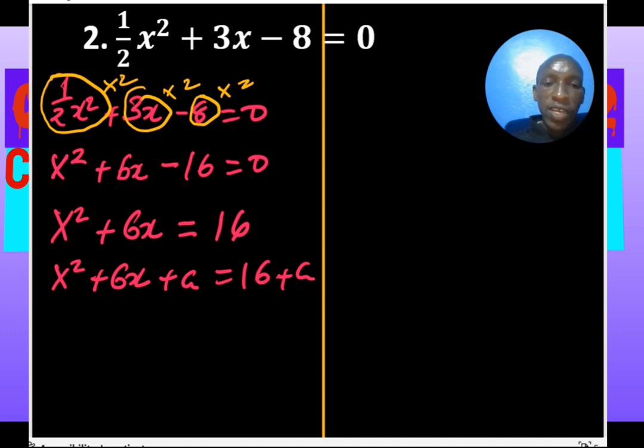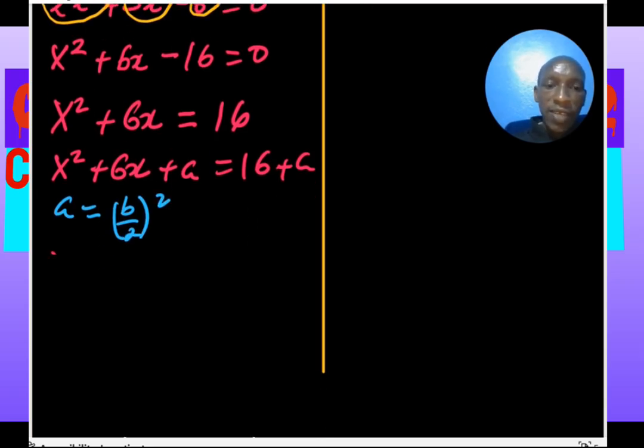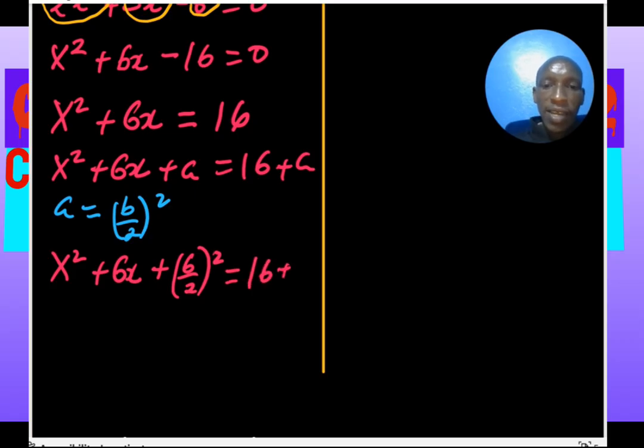Remember, when the coefficient of x squared is 1, c is usually b over 2 squared. So in this case, our b is 6, so we add 6 over 2 squared to both sides: 16 plus 6 over 2 squared.